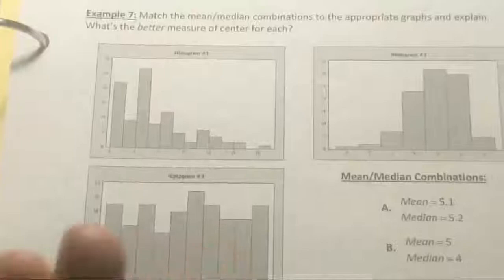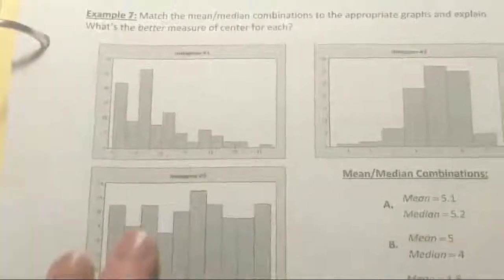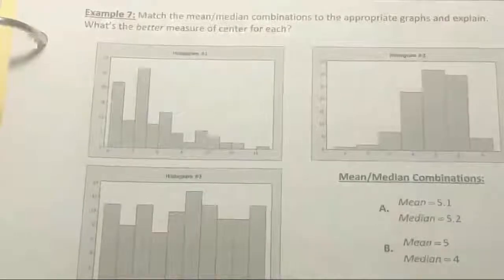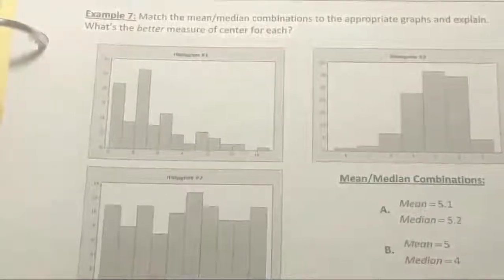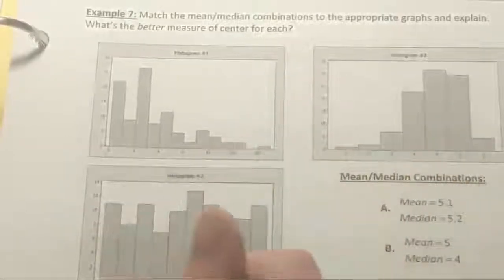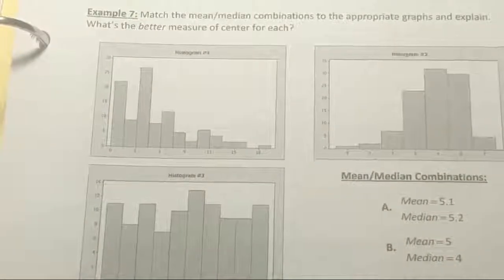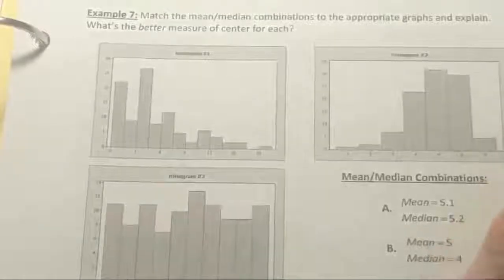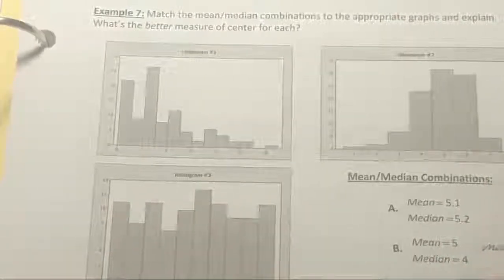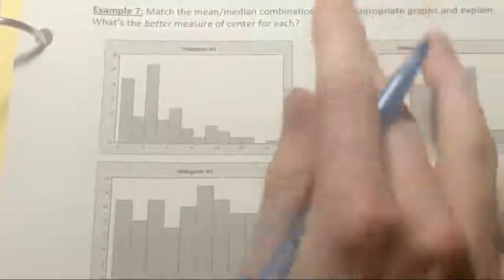So example 7, I did do example 7. I don't know why it's not on here. But what we're just going to do is show right here, the mean and the median are similar. So this is going to be A right here. Here, the mean is greater than the median, so it's going to be skewed to the right.